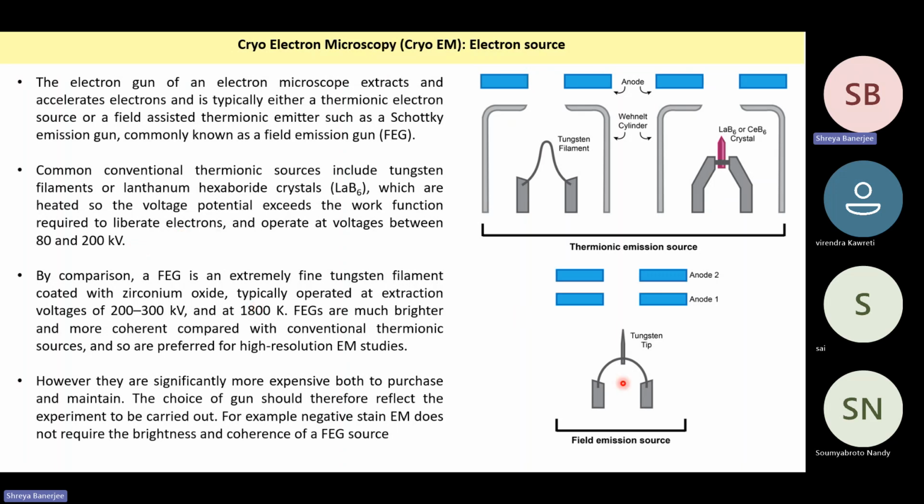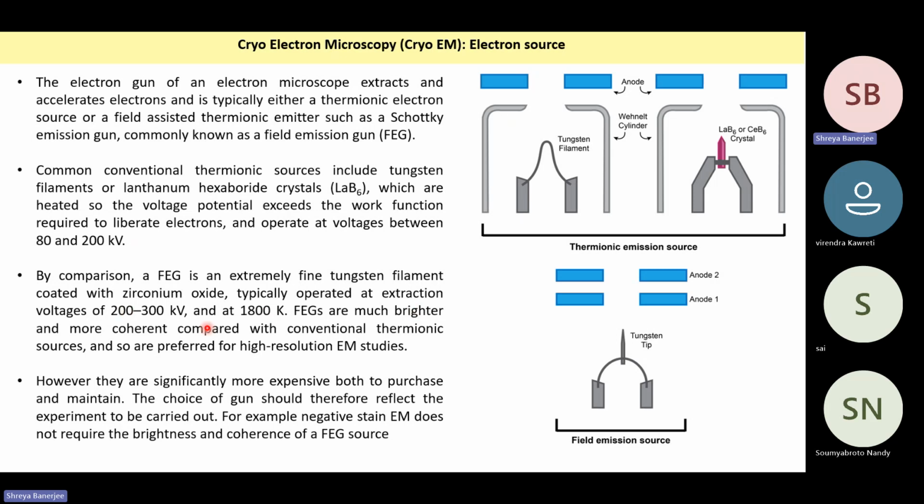In comparison, the field emission gun, basically what happens, there you have instead of a broad tungsten filament, a very thin tungsten filament coated with zirconium oxide, and it operates at much higher voltages of 200 to 300 kilovolts. Here, the voltage is what is pulling the electron away from the tungsten tip, so the voltage needs to be higher.